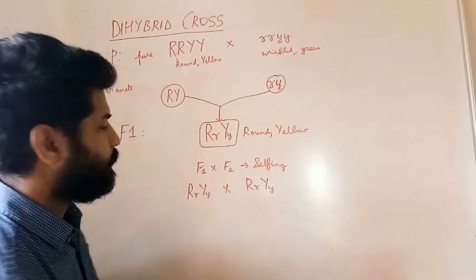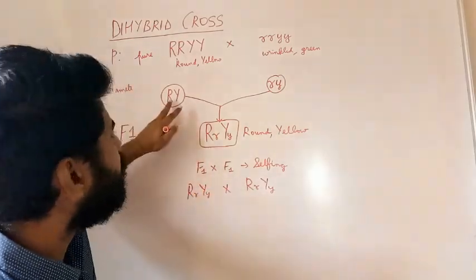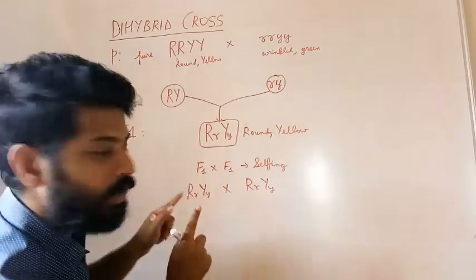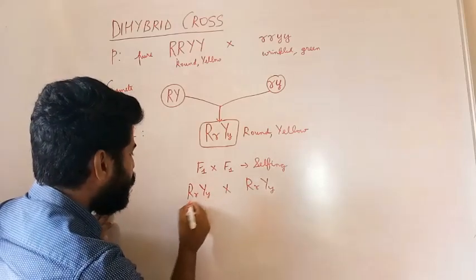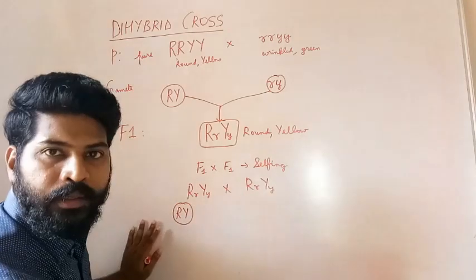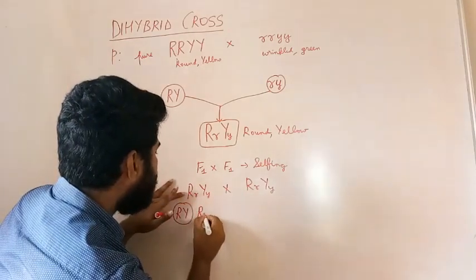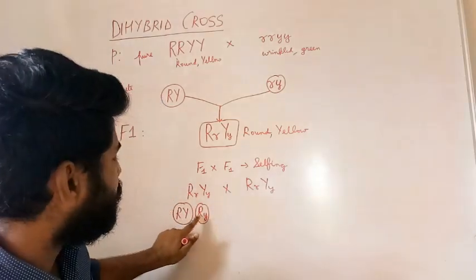possible genotypes. So like we did here, during gamete formation, the opposite alleles will go together. So in this case, it will produce RY. This is one gamete. It could also produce capital R, small y, because both are opposite traits.